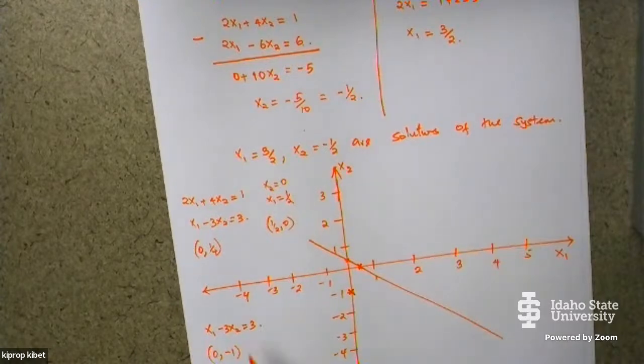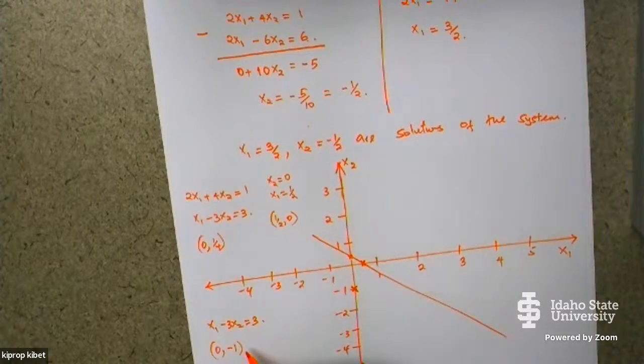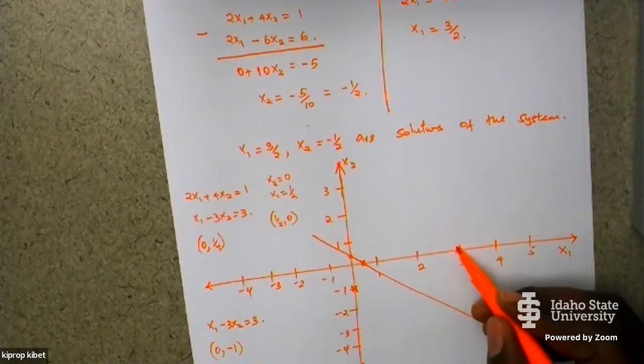When x2 equals 0, then x1 is 3. So we take 3 and 0, which is here.